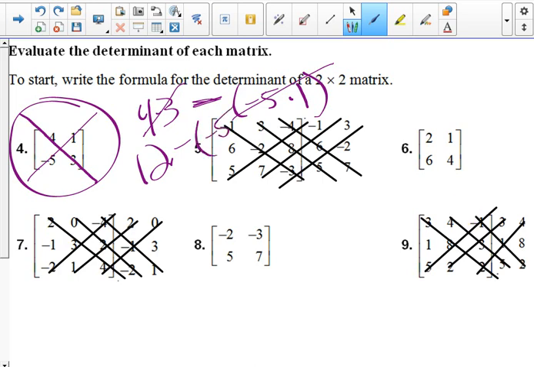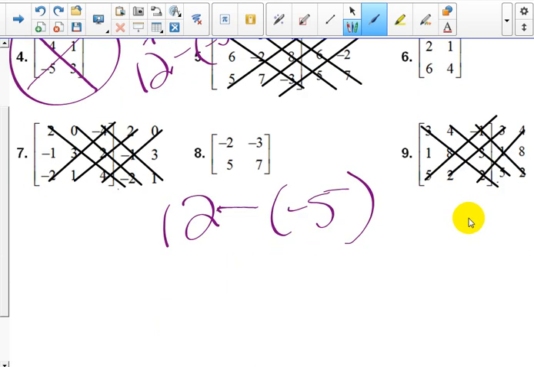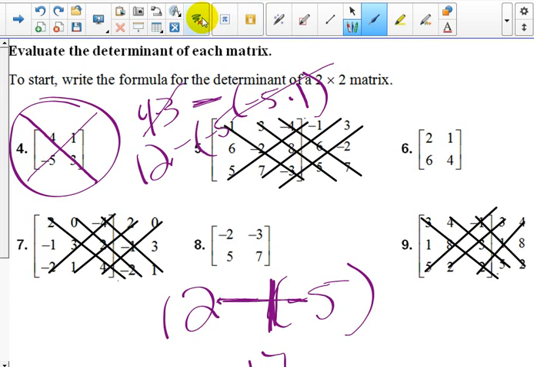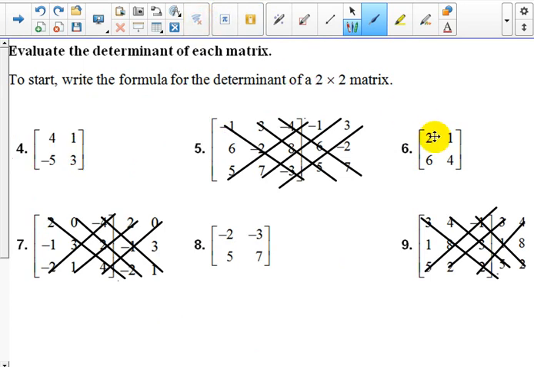So let me write in a clear spot. We have 12 minus negative 5. So minus a minus goes to what? A positive. So our final answer is 17, 12 plus 5. So our determinant for this matrix right here is 17.